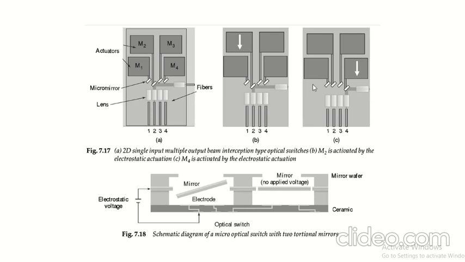In figure C, M4 is activated by electrostatic actuation. So this is the complete schematic diagram of a micro optical switch with two torsional mirrors. On this mirror no voltage is applied. On this mirror, electrostatic voltage is applied through the electrode. This is the ceramic plate.